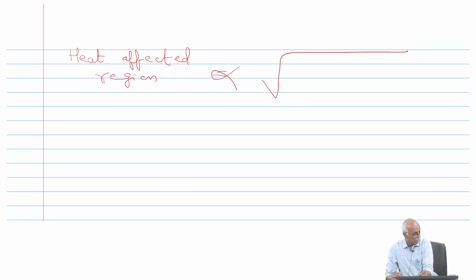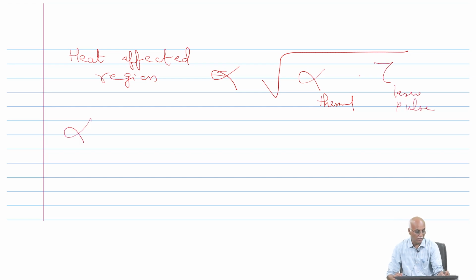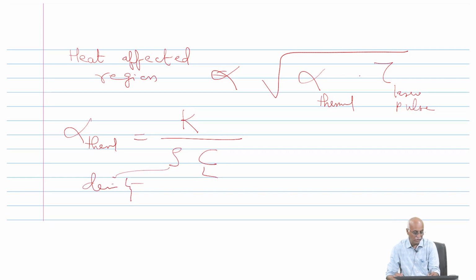Let us say alpha, thermal diffusivity, into the laser pulse duration. So alpha thermal diffusivity is nothing but conductivity divided by rho into C. Rho is the density of the tissue material, C is the specific heat of the tissue material, K is the thermal conductivity of the tissue material, and that will give you the thermal diffusion coefficient.